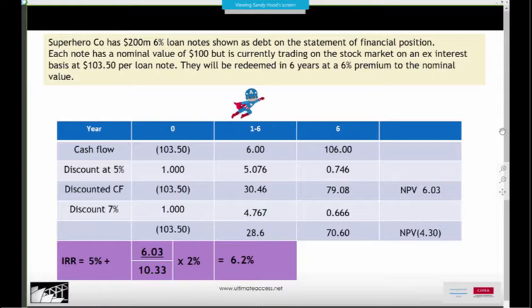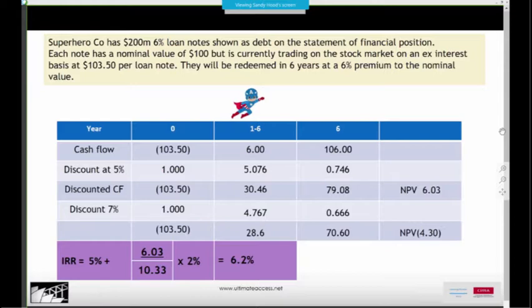So for those of you who were putting up answers which were basically the annual interest divided by the cost approach, what we've done here has been to incorporate the time value of money and to use discount factors in order to bring future cash flows to a present value as we stand today.